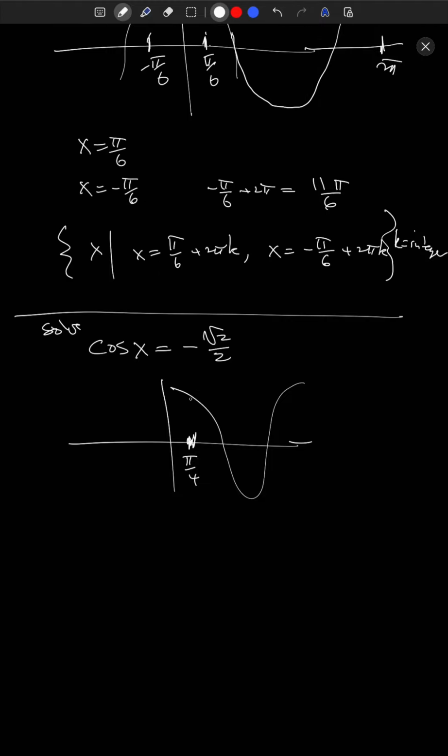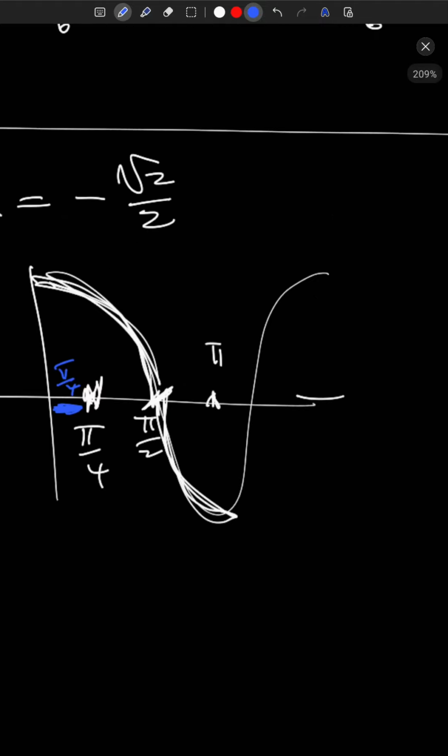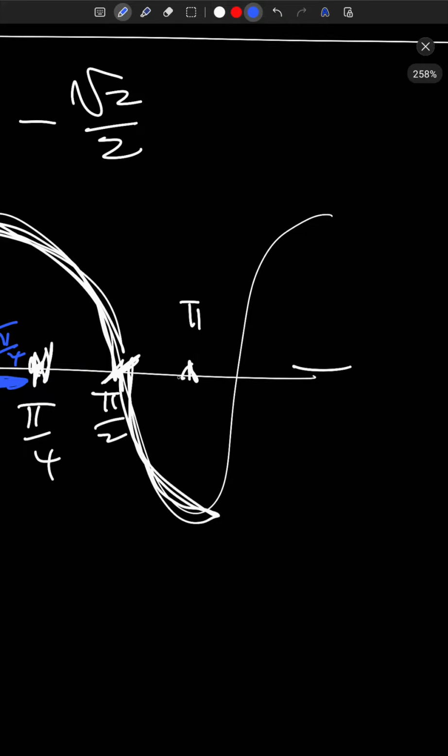And I know that this hump here is symmetric to that hump there, right? So this point here is pi over 2, and this point here is pi. And so I know that because this distance is pi over 4, therefore I need to look at this distance here, pi over 4.